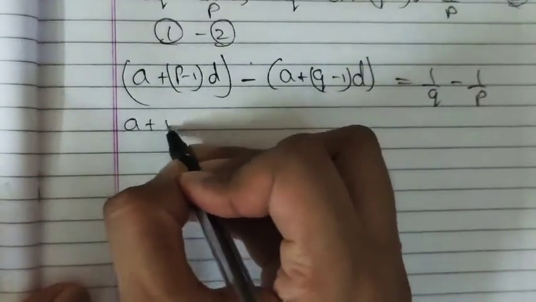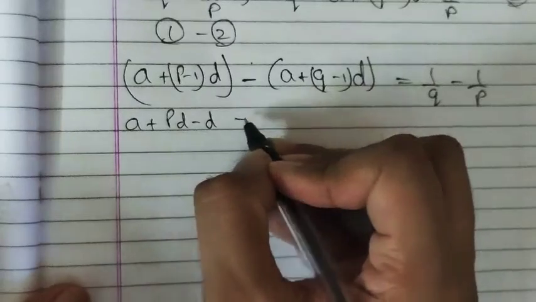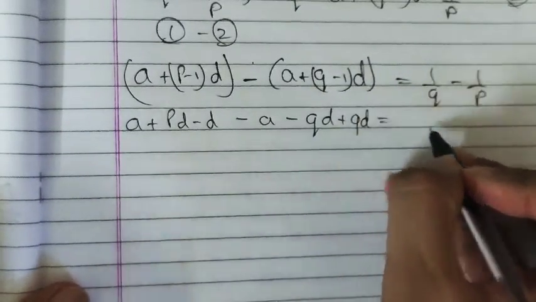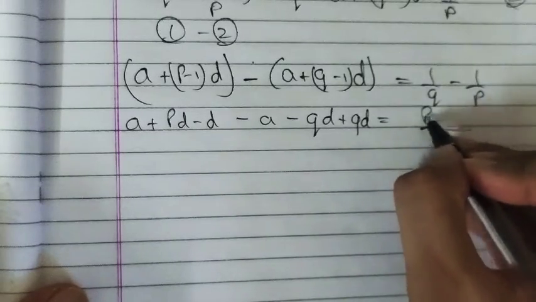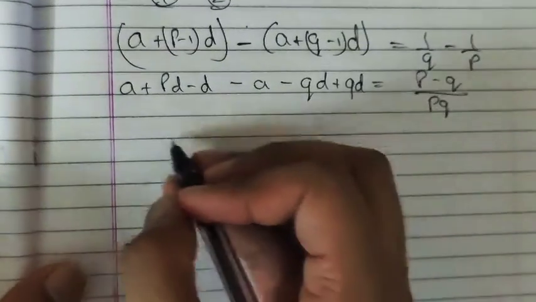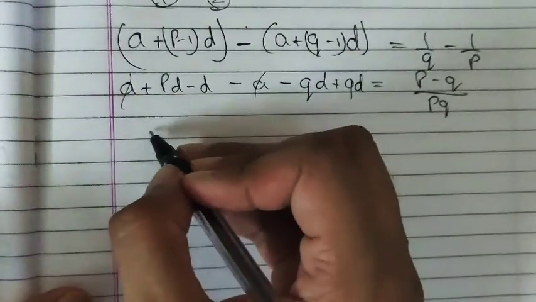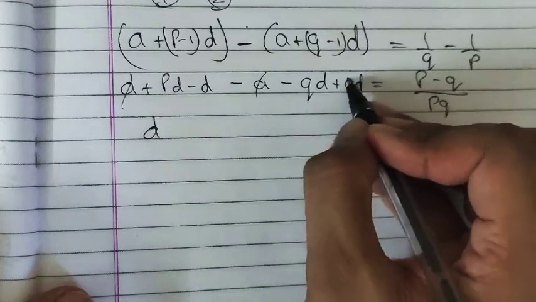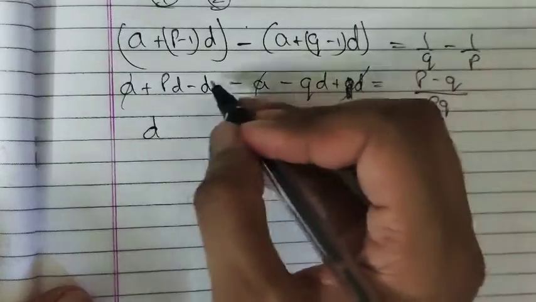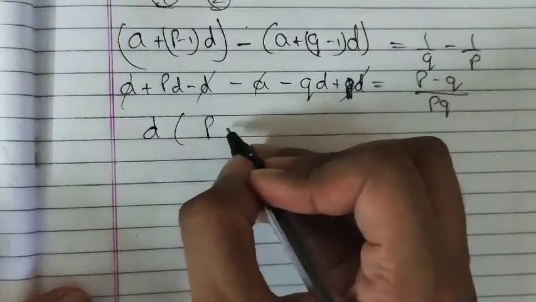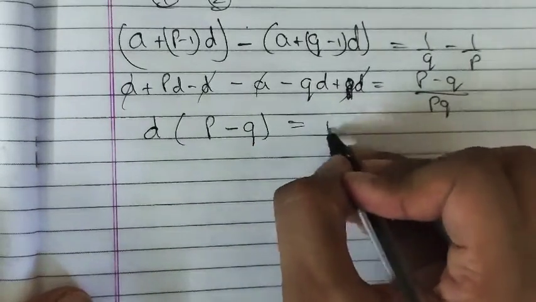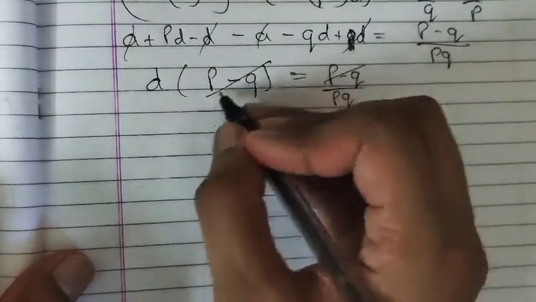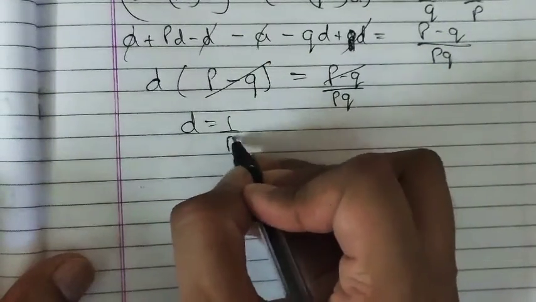So a + pd - d - a - qd + d is equal to, taking LCM, pq, (p - q) upon pq. The a's get cancelled, the d's cancel, taking d common, we have (p - q)d is equal to (p - q) upon pq, right? So p - q and p - q get cancelled, d is equal to 1 upon pq.